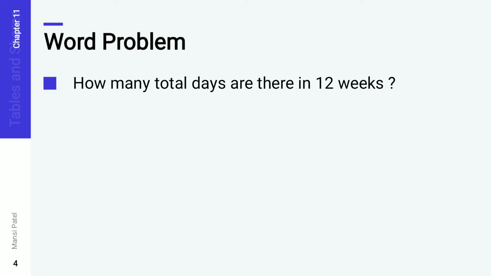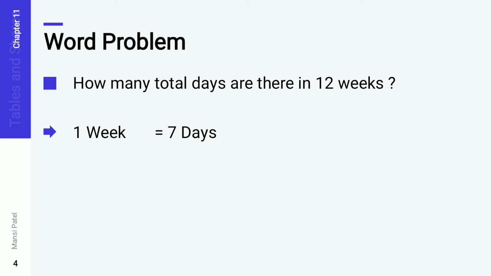We have to first find out how many days are there in 1 week. If we get the answer for that, then we get the answer for the total number of days in 12 weeks. So see here, we can say that in 1 week, 7 days are there.